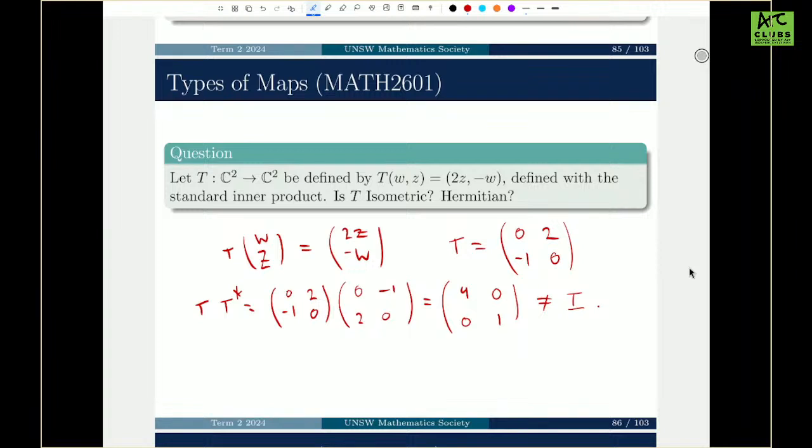Is it Hermitian? These two matrices here and here are not equal. So T does not equal T star, not Hermitian.